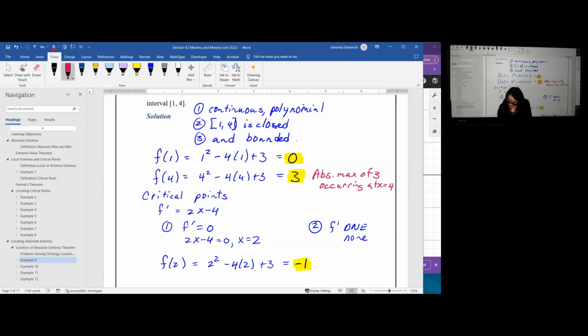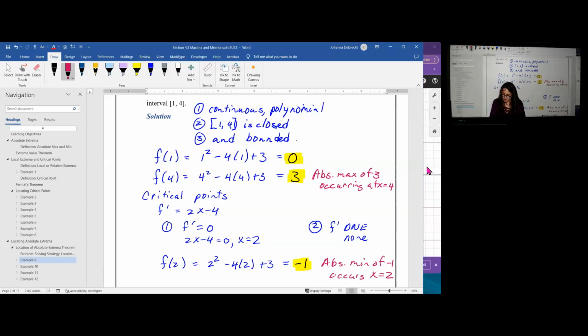Then I have an absolute minimum of -1, which occurs at x equal 2, the interior critical point.